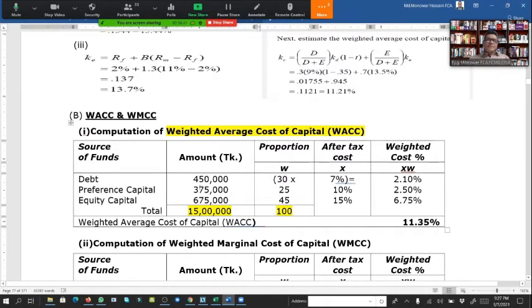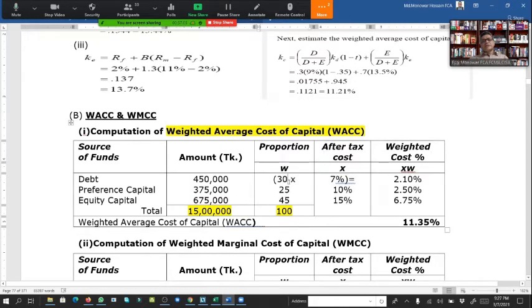So here 3,75,000 is 25%, and 4,50,000 is 30%. So 30%, 25% and 45% equal 100%. So it's the proportion. With this proportion of the source of funds, each and every one we have to multiply with the after tax cost.